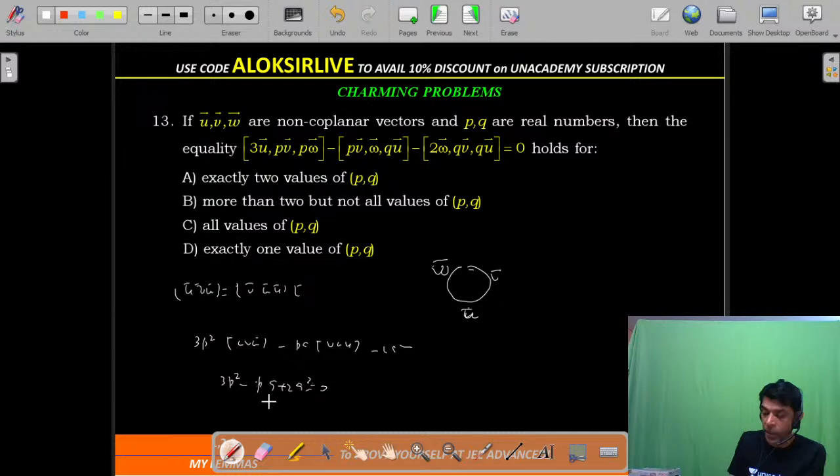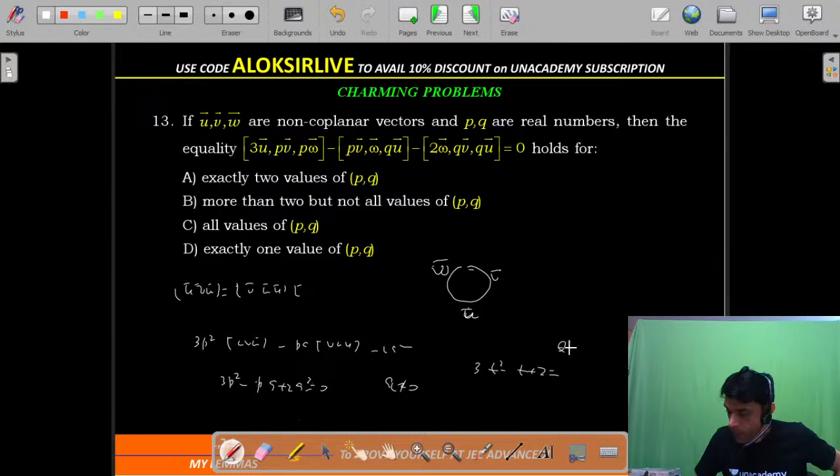So here I can say it this way: suppose Q is 0, then P equals 0. So assume Q is not 0. Then I can write 3 times T square minus T plus 2 is 0, where T is P by Q, right? Q is not 0.